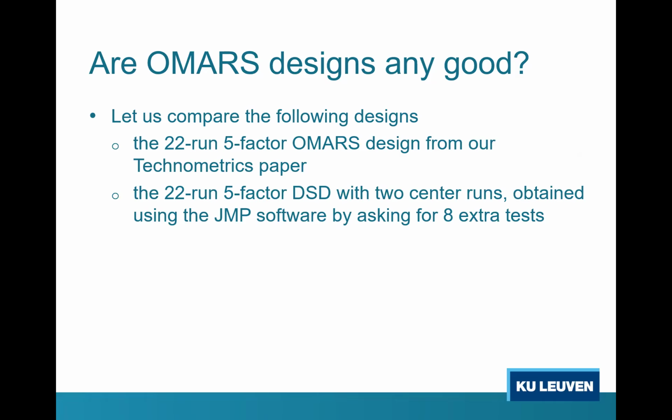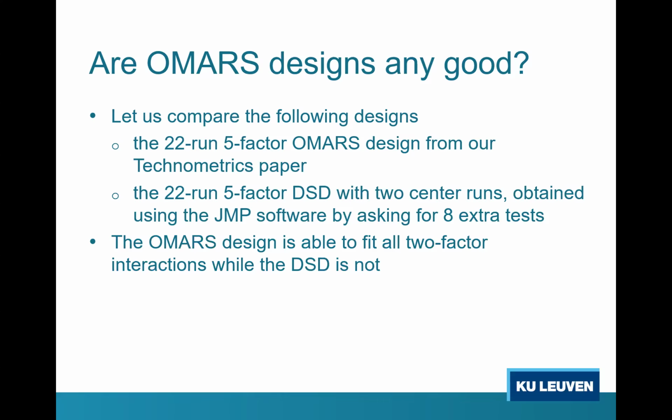I compare an OMARS design with 22 tests for 5 factors, also reported in our paper, with a definitive screening design extracted from the JMP software. We constructed the definitive screening design in such a way that it also has 22 tests for 5 factors, so that it's an honest comparison of 2 experimental plans for 22 tests.